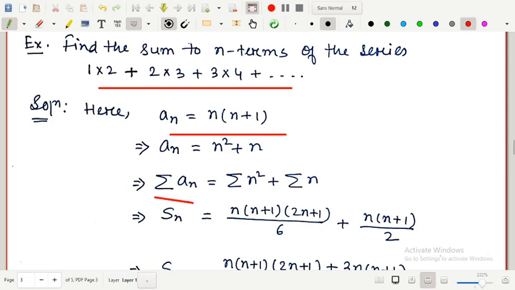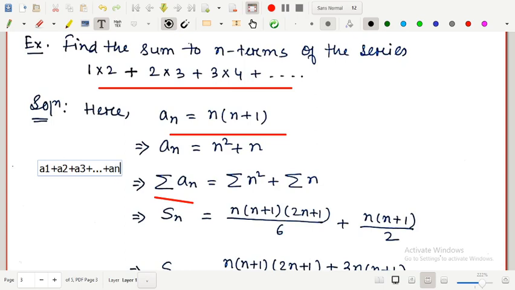This summation of n means what? The summation of an means a1 plus a2 plus a3 plus dot dot dot plus up to an.